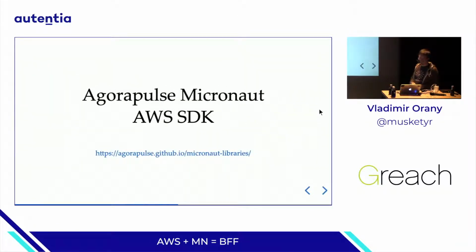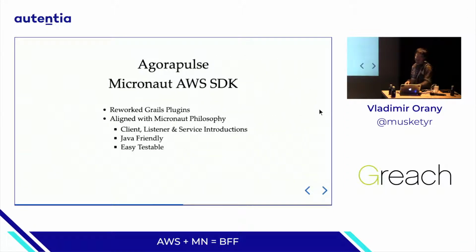And that's it. That's the way to run your Micronaut application on AWS. And I'll just take a look at these Micronaut AWS SDK libraries. So what is it? It used to be the Grails plugins. So if you're already using the Micronaut or the AWS SDK Grails plugin, you could be familiar with the libraries provided.